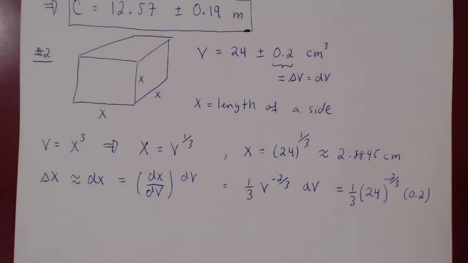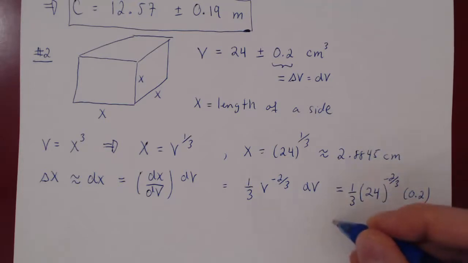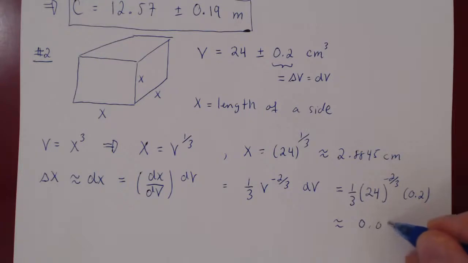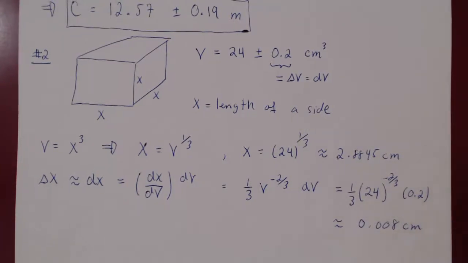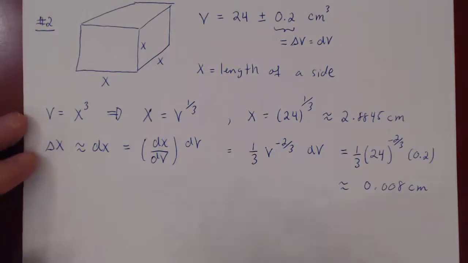And if you compute this with your calculator, you will find approximately 0.008 centimeters. And now we can give our final answer, the length of one of the sides of our cube with uncertainty.